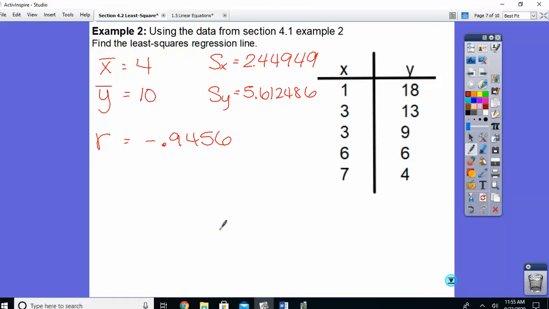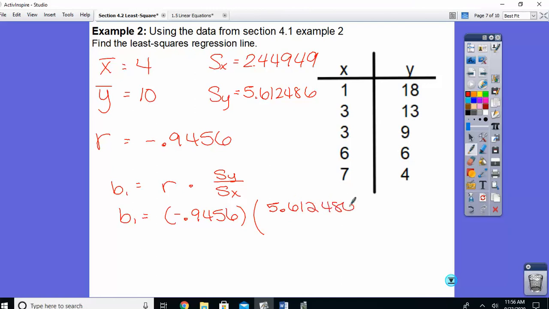Use your formula sheet. Make sure you know how to look at these formulas and calculate it. It tells you on here your slope, that's the b sub 1. That's r times standard deviation of y divided by the standard deviation of x. So we just plug in. My r is negative 0.9456. Standard deviation of y was 5.612486.